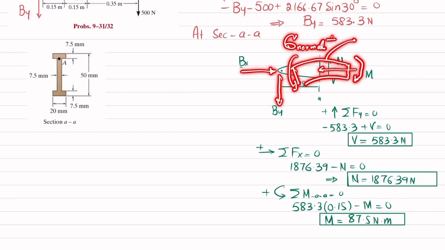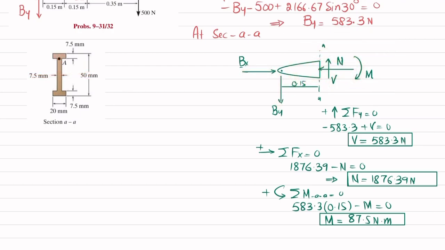So we will have a combination of normal stress and bending stress. In the upper part it will be positive and in the lower part negative. Since this point A is above the neutral axis, we will take it plus, and due to this shear force we will have shear stress. So I will write the shear stress due to V.